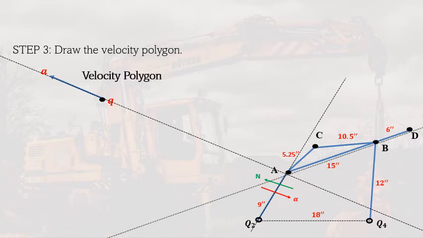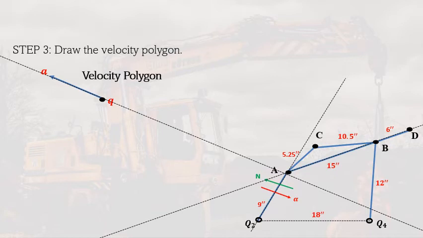So we draw first a line connecting AB, because we wanted to get the direction of the absolute velocity of B. We draw a line connecting AB, and since B is connected to A, B has a velocity relative to A. So we have a relative velocity of B to A.